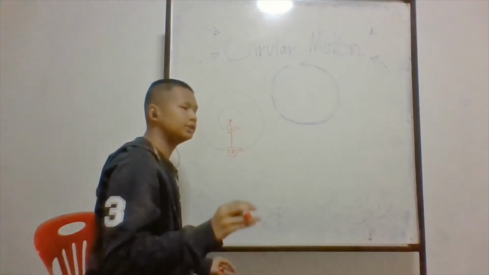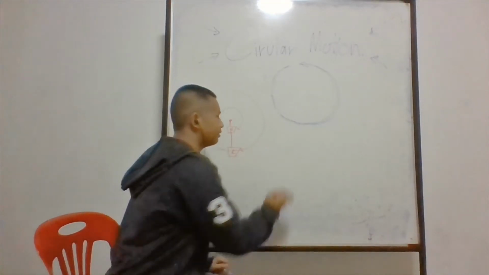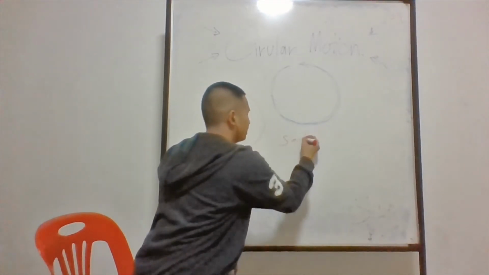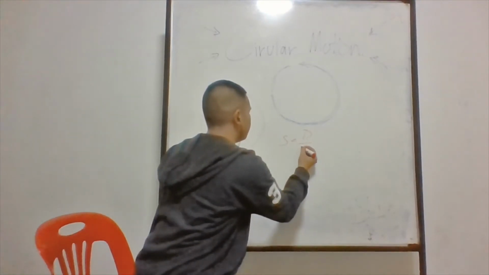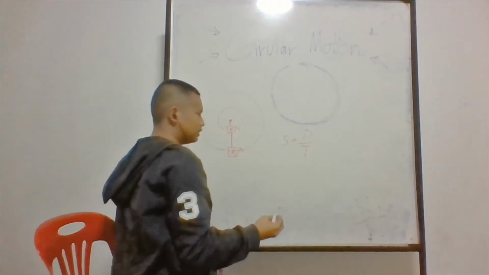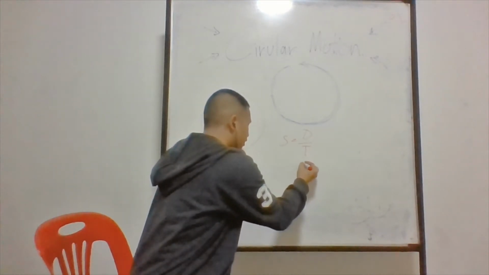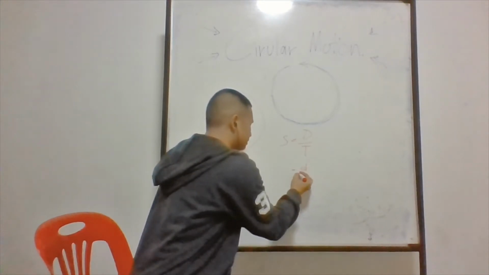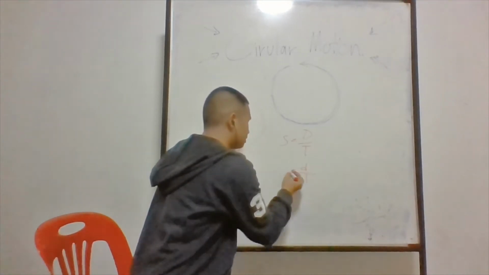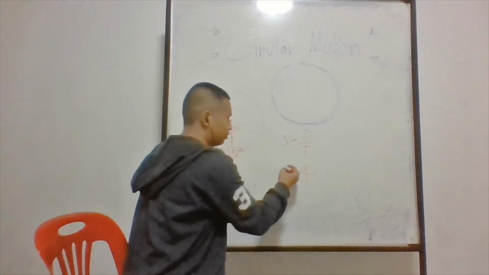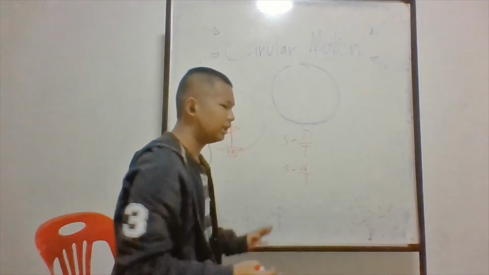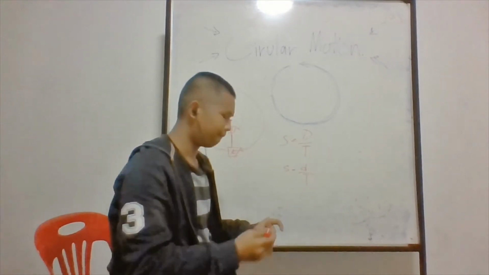So the equation of speed is speed equals distance over time. If the distance is shorter, the tangential speed is going to be smaller too, but it still has the same time.